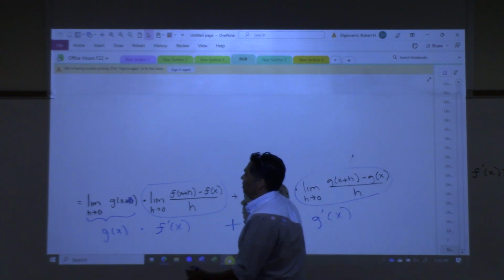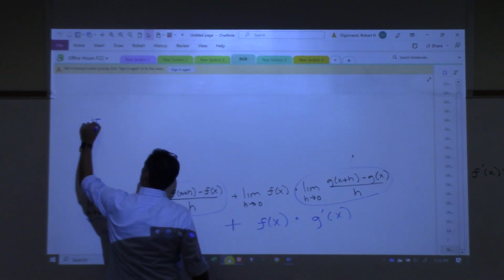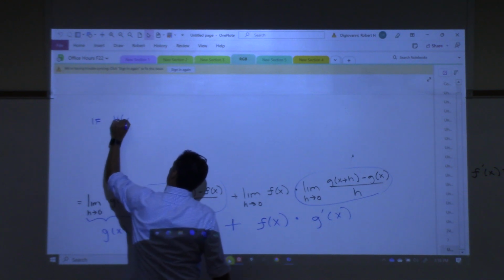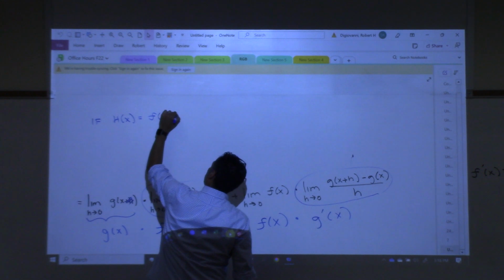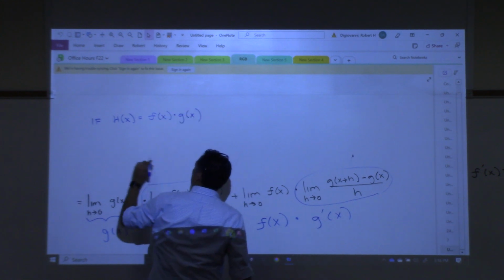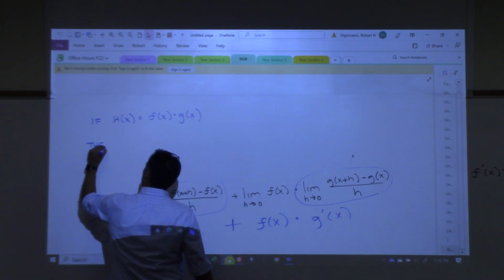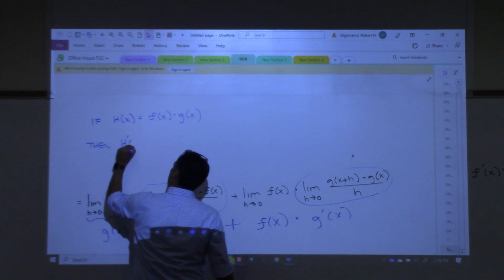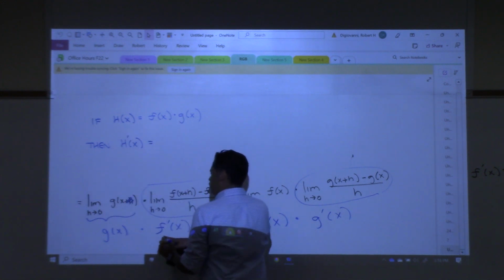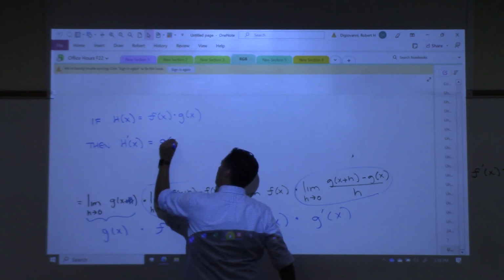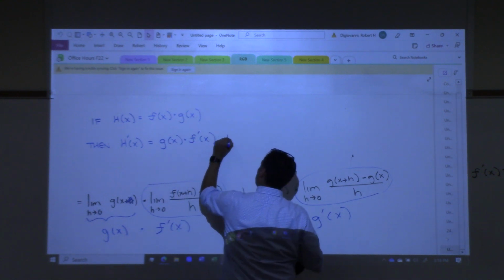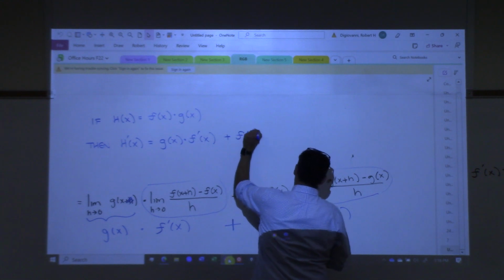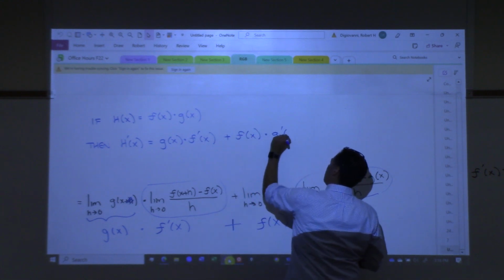Here's the conclusion. If capital H of x is two functions being multiplied together, then the derivative of that is equal to g of x times f prime of x plus f of x times g prime of x.